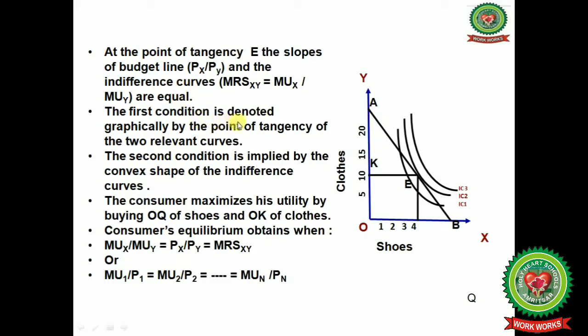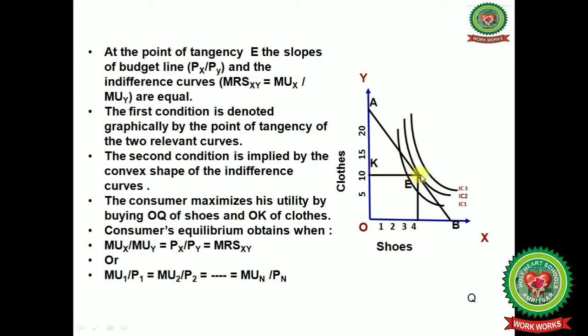The first condition is denoted graphically by the point of tangency of the two relevant curves, that is at point E. The second condition is implied by the convex shape. This is the convex shape of the indifference curve also there. The consumer maximizes his utility by buying OQ quantity of shoes and OK quantity of clothes.